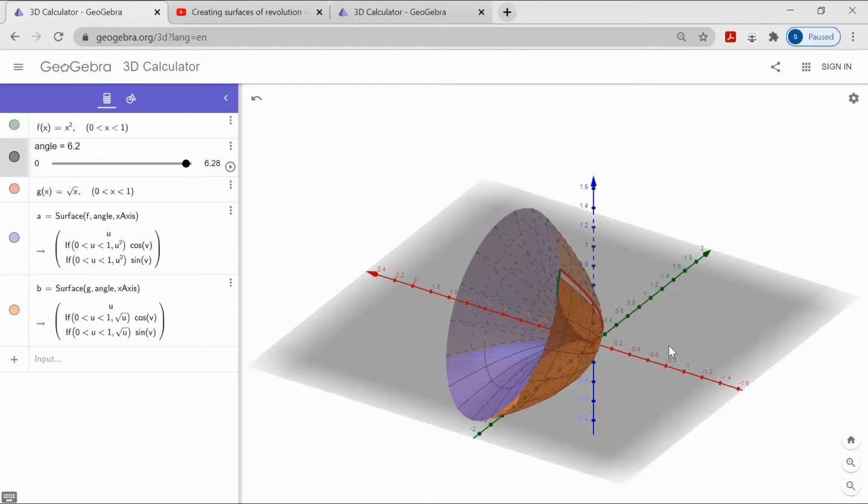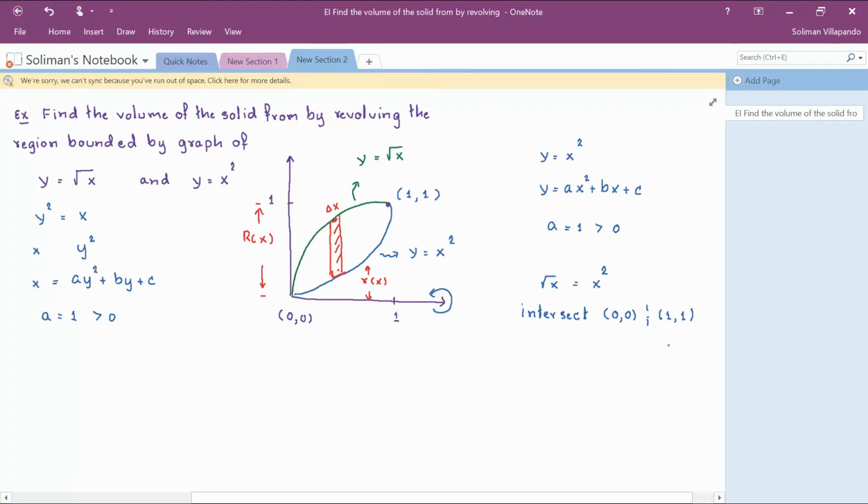All right, let's go back to our calculation. Here we go. This is our calculation.